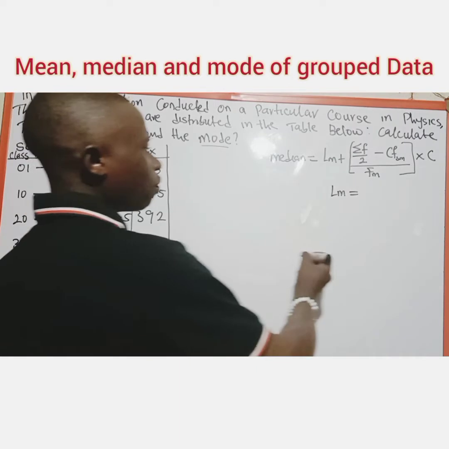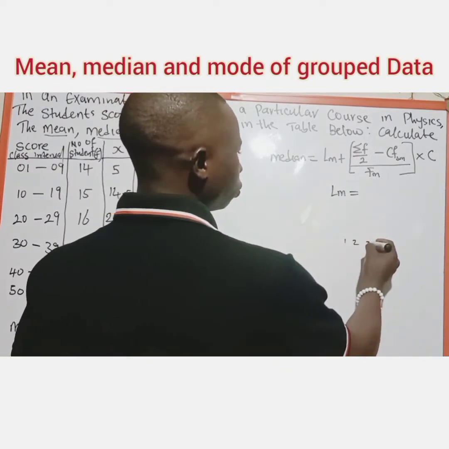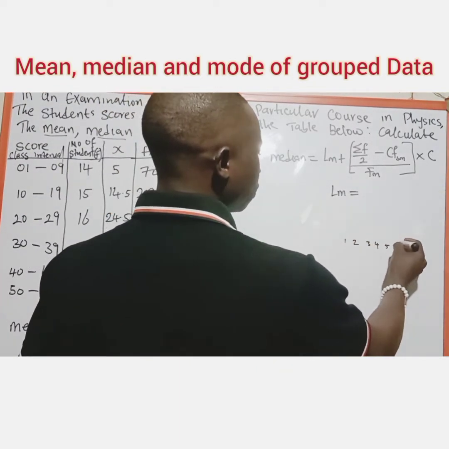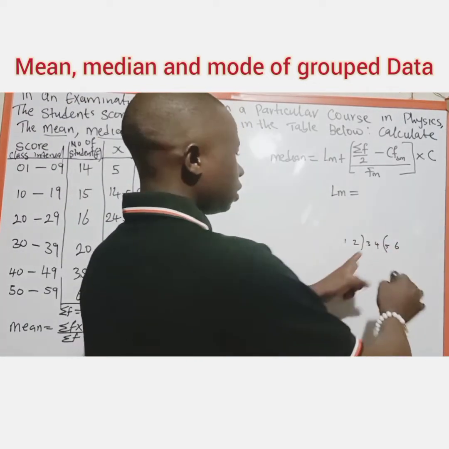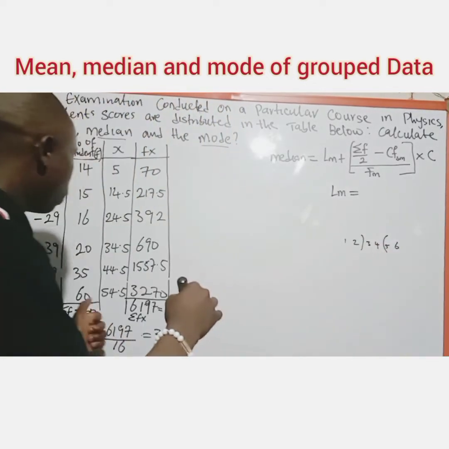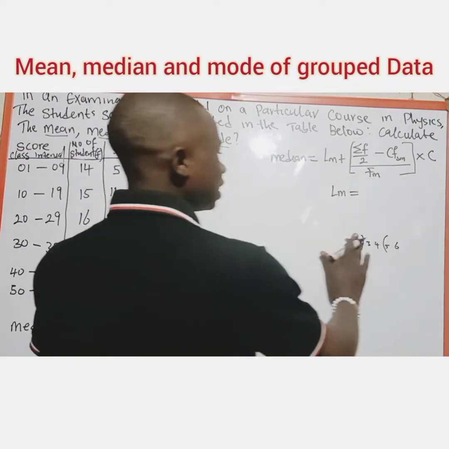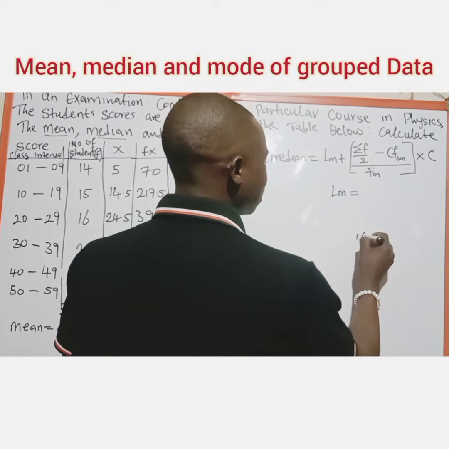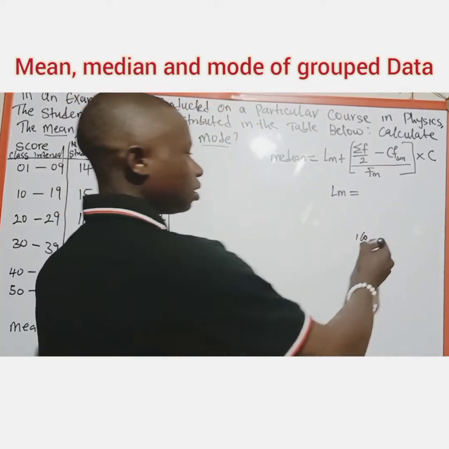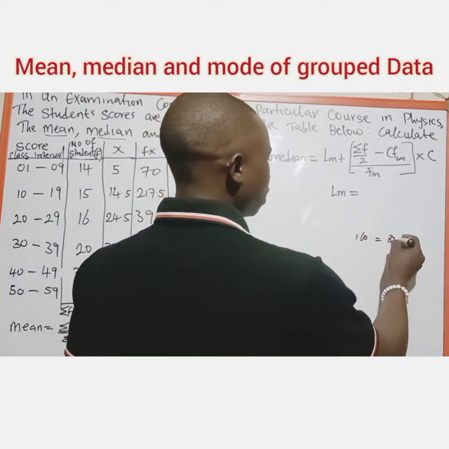So how are we going to find the middle of 160? Take for example, if you have 1, 2, 3, 4, 5, 6, and we're asked to find the median, it will be 3 and 4. So to get the median of 160, if you count numbers from 1 to 160 and divide 160 by 2, you are going to get 80.